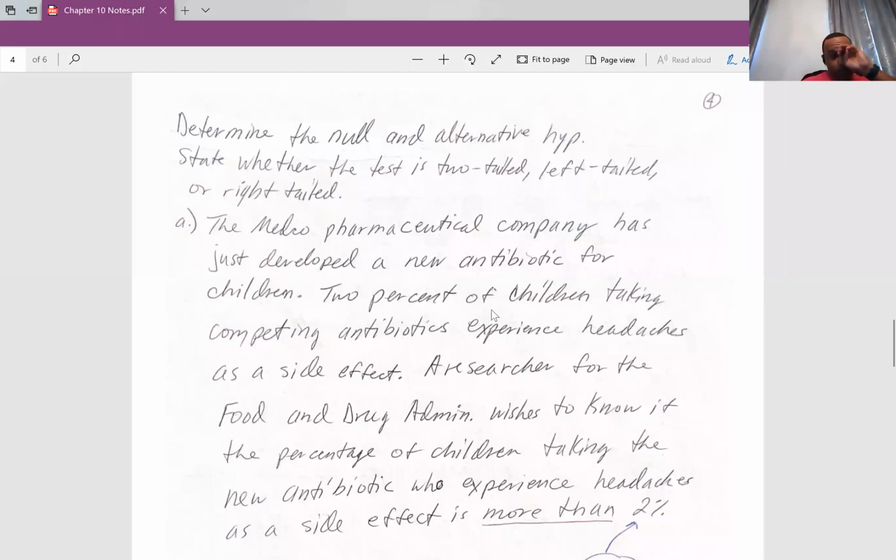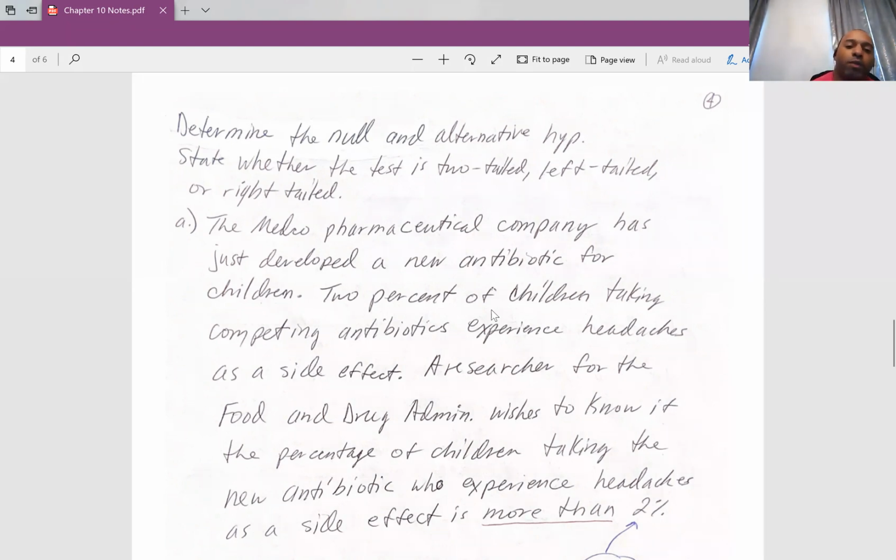So here's our first example. We want to determine the null and alternative hypothesis. State whether the test is two-tailed, left-tailed, or right-tailed. So the Medco pharmaceutical company has just developed a new antibiotic for children. 2% of children taking competing antibiotics experience headaches as a side effect.